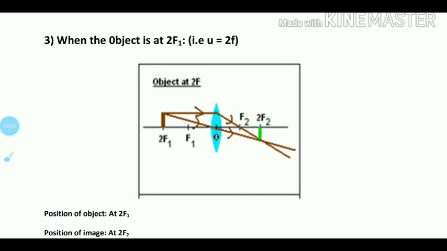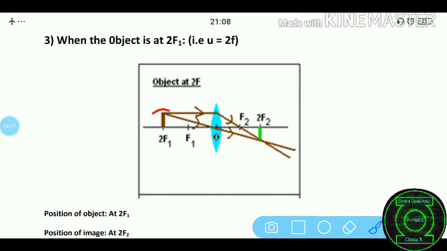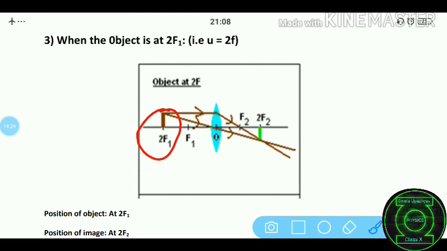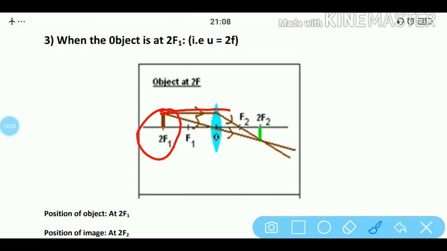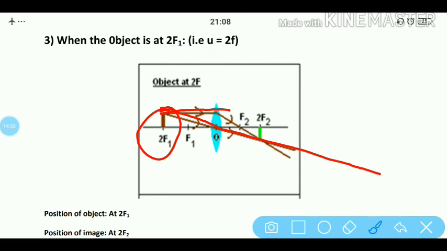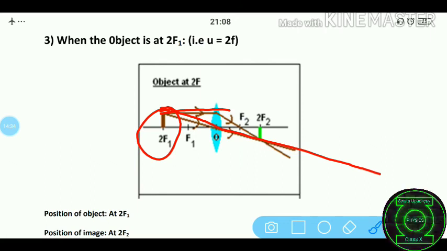Now the third case, when the object is at 2f. Here is our object, which is at 2f. Again we will take two rays from the object, one which is parallel to the principal axis and another which is passing through the optical center, and it will pass undeviated.